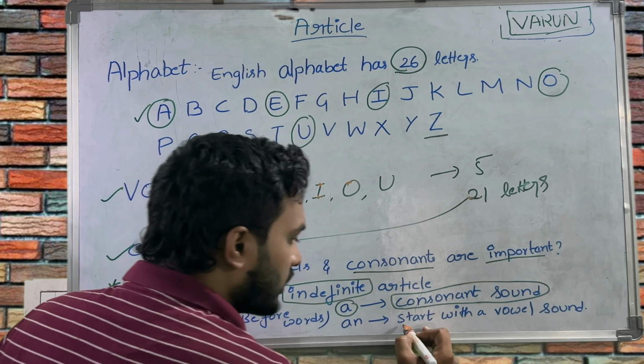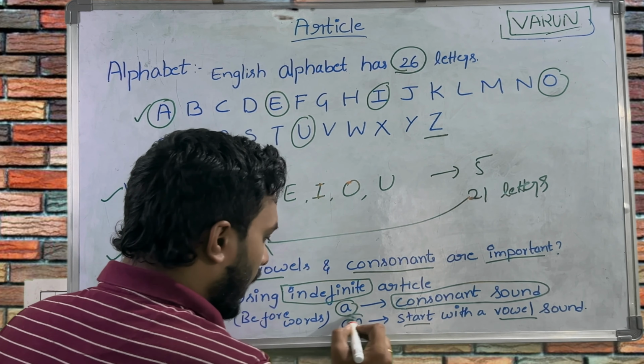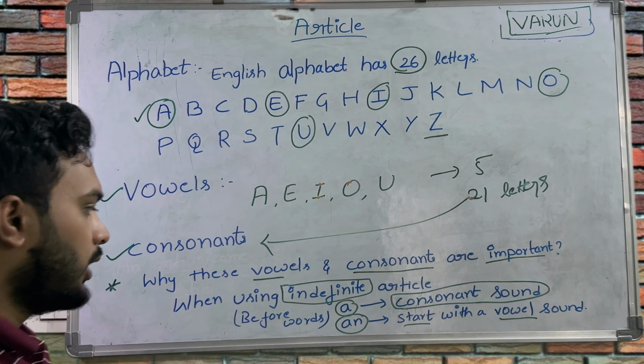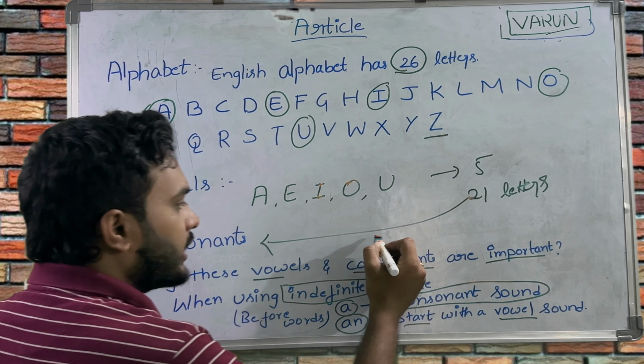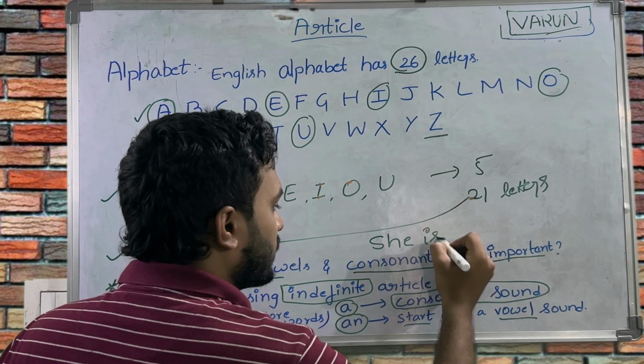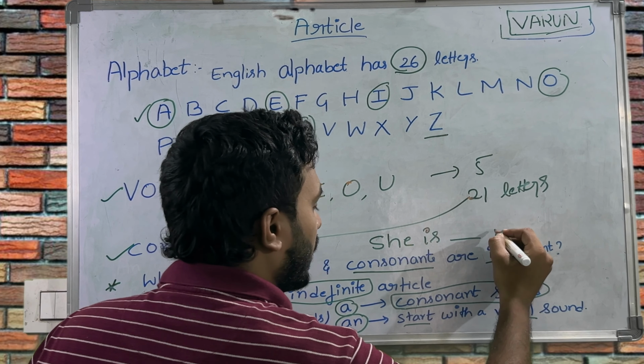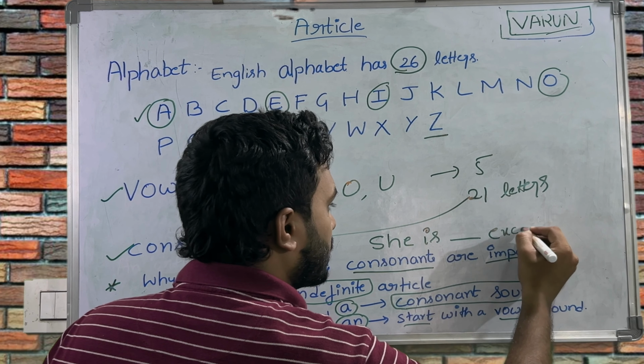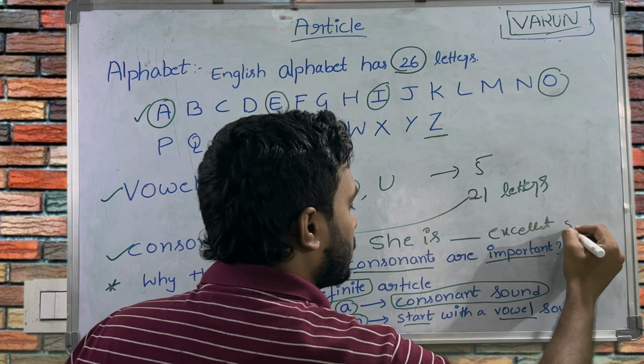If it starts with a vowel sound, it will take an. Let's take an example: C is dash excellent student.